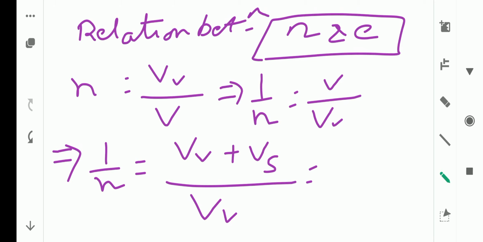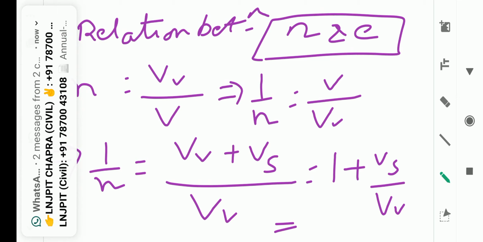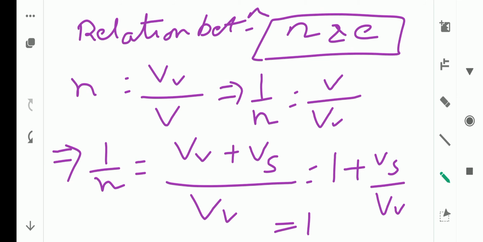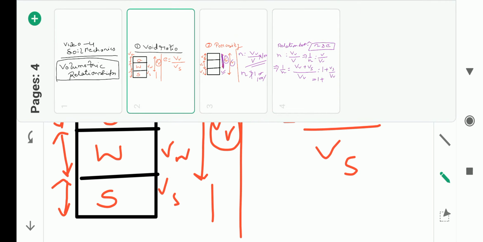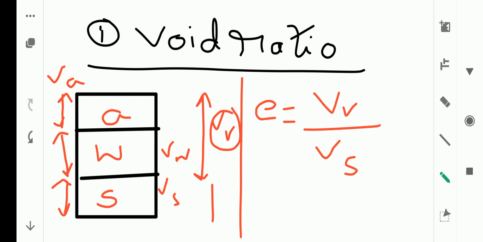Now volume of voids divided by volume of voids is 1, plus volume of solids by volume of voids. That is equal to 1 plus, now this is volume of solids by volume of voids. We know that void ratio is volume of void by volume of solids, right? So what is volume of solids divided by volume of voids?